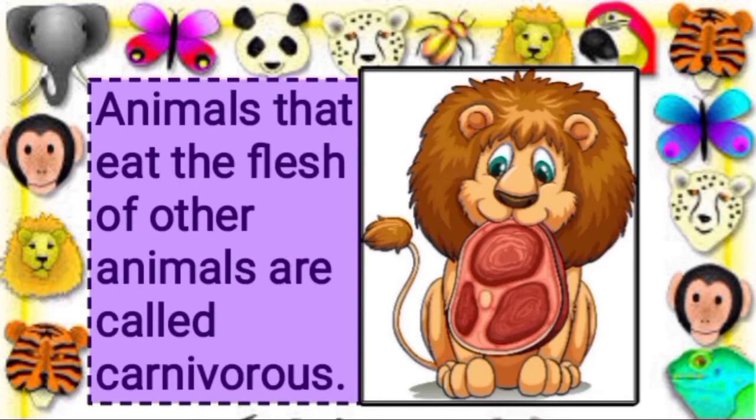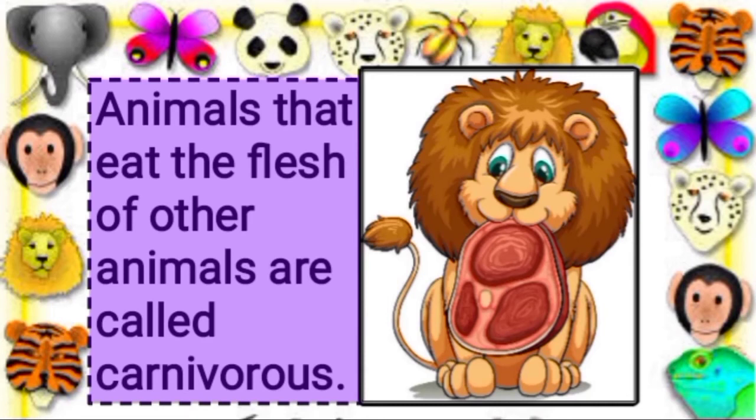Now let's understand the second type of animal, which are carnivorous, the animals that eat the flesh of other animals. Most of these animals have very sharp teeth for tearing out the flesh of their prey.